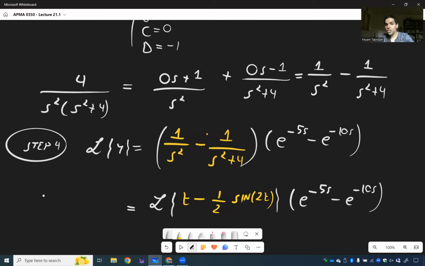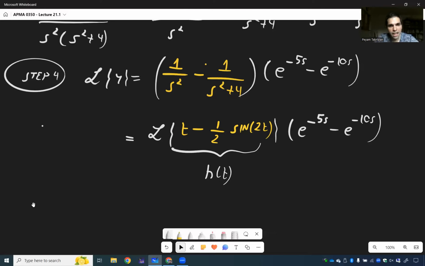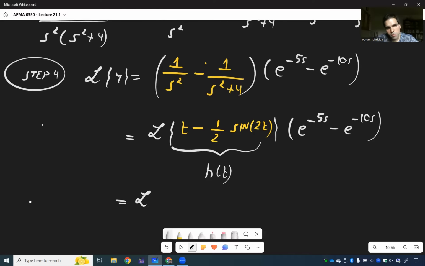Now, there will be some shifting going on very soon, which becomes quite lengthy. So here, I actually allow you to write this in terms of a function h. If you let the inside be h, then this does become L of h of t times those exponential terms, e to the minus 5s minus e to the minus 10s.